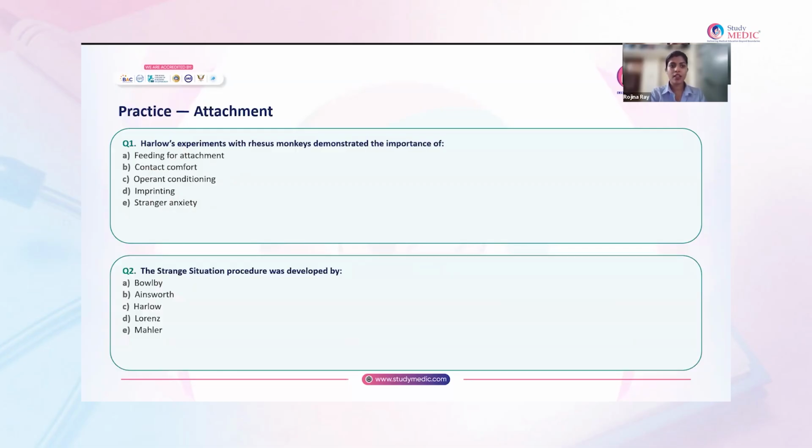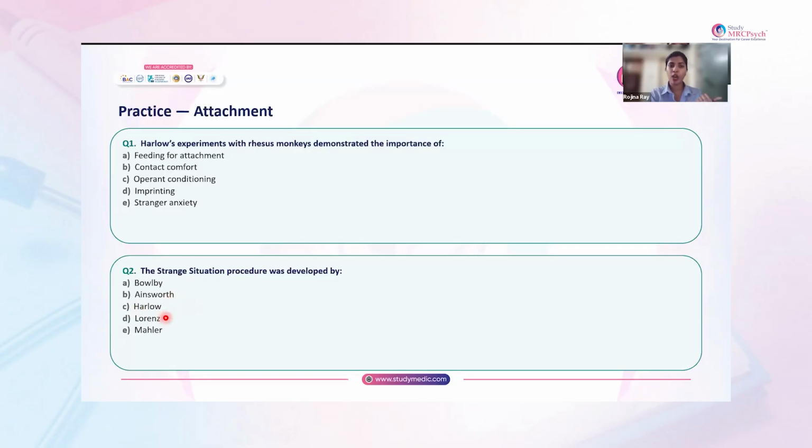And the next question is, the strange situation procedure was developed by Mary Ainsworth. So the key people that you need to know in the theory of attachment: Bowlby, who proposed attachment theory. Mary Ainsworth is associated with the strange situation experiment. Then we have Mary Main, who added the fourth style of attachment, that is the disorganized attachment style.